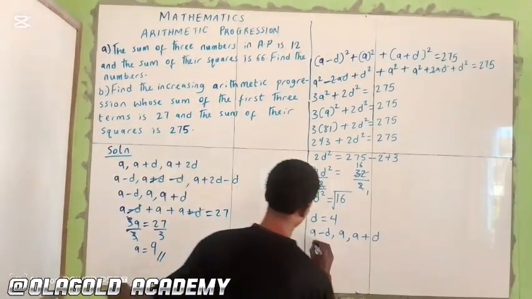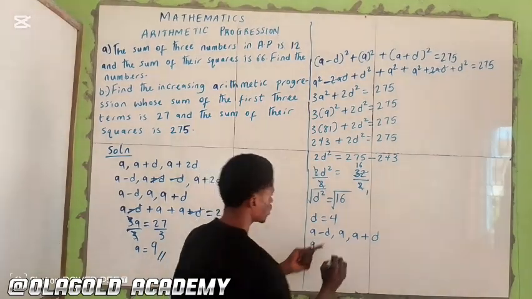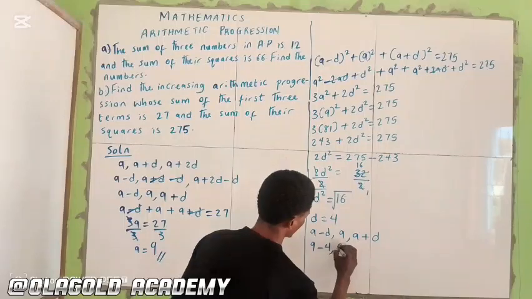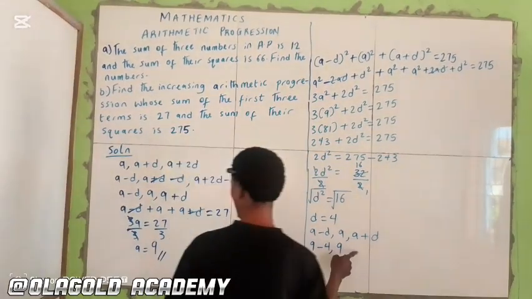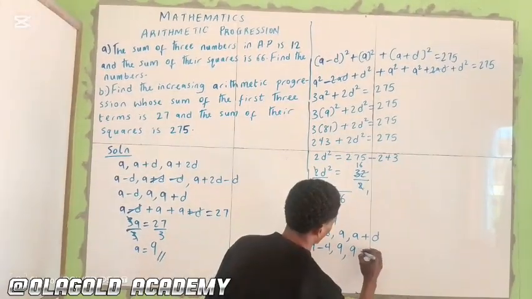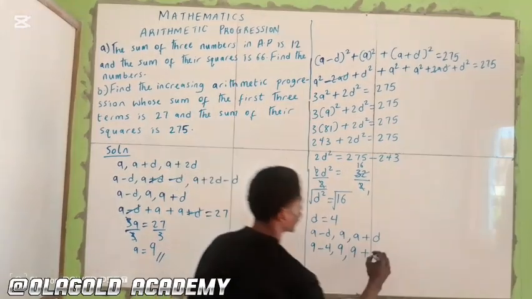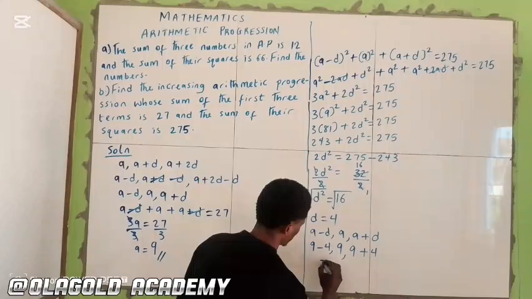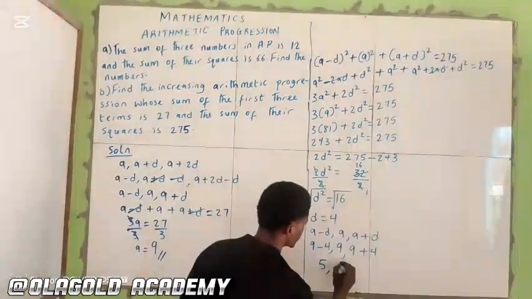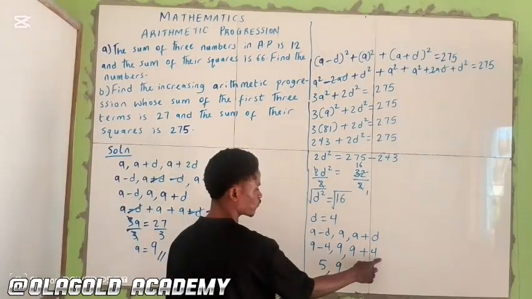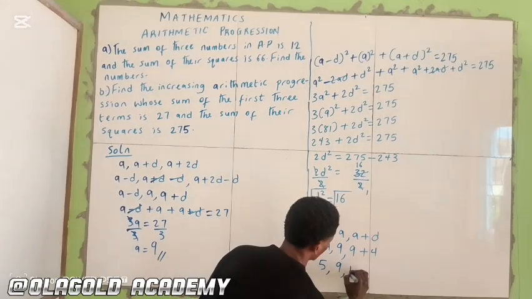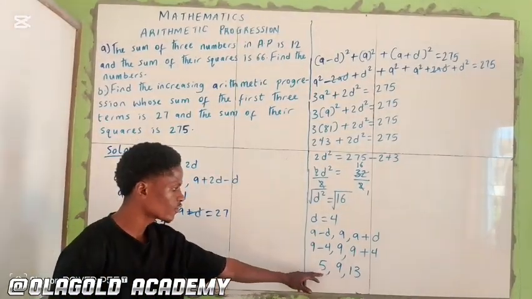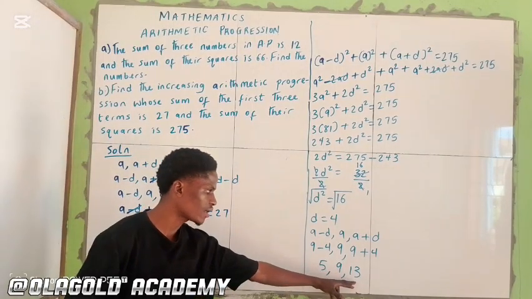So I have 9 minus 4, which gives me 5, then 9, and 9 plus 4, which gives me 13. So the three numbers are 5, 9, and 13.